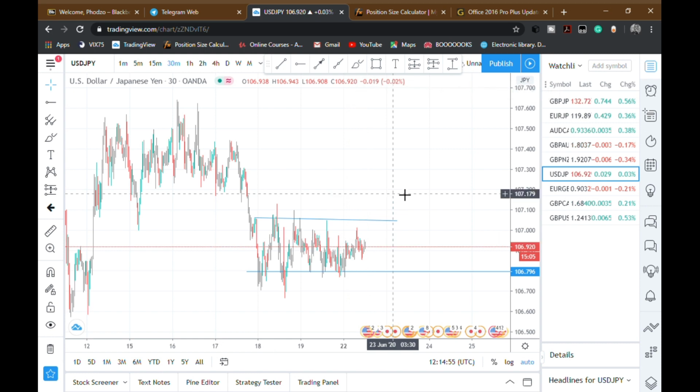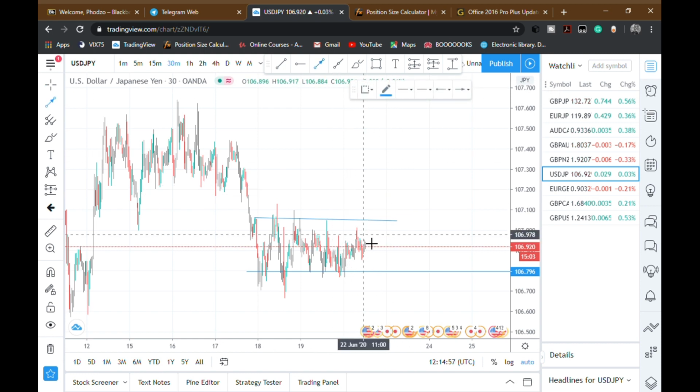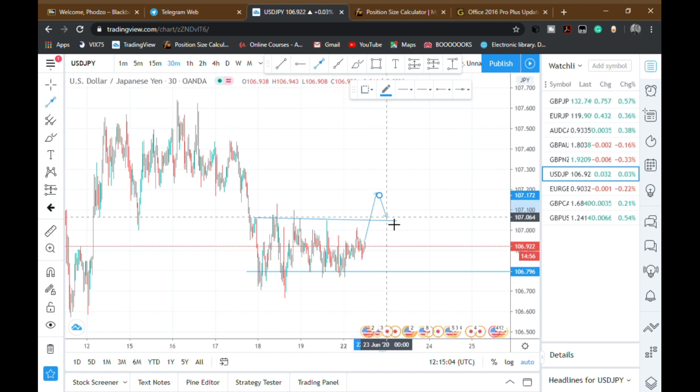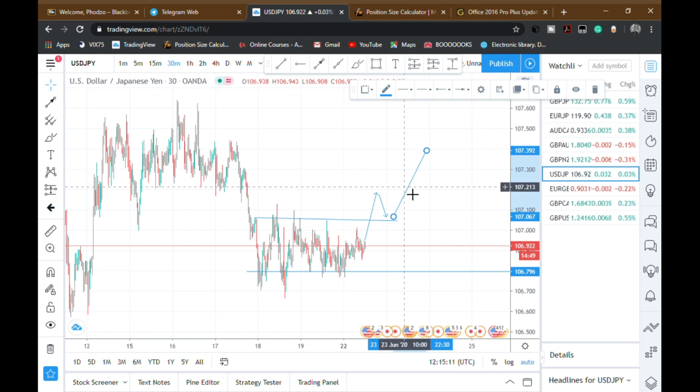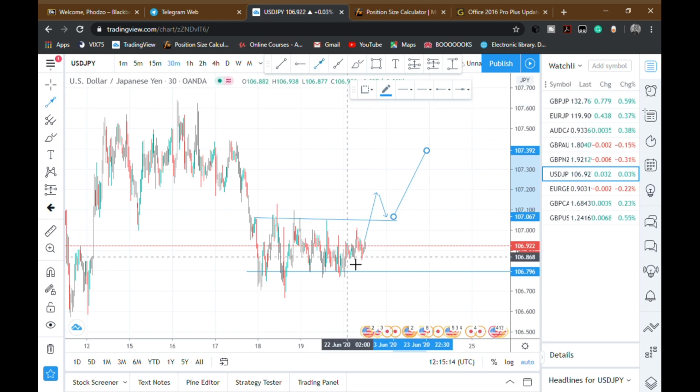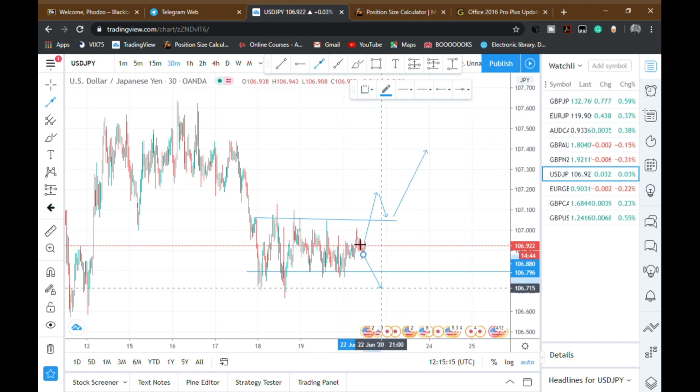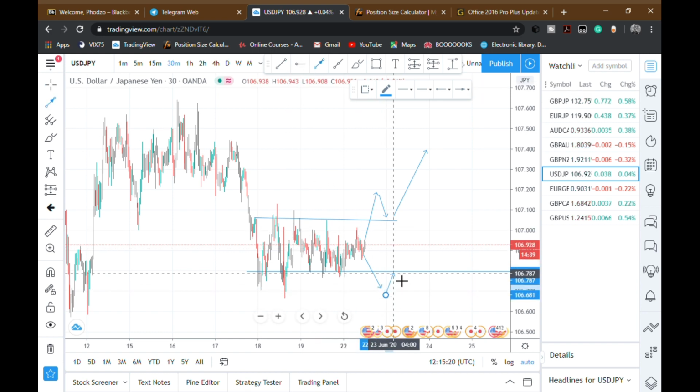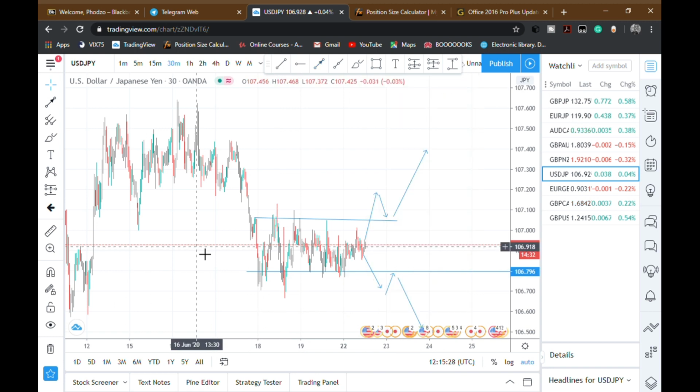So you can do the same thing that we did on AUD CAD. Wait for a break and retest of that horizontal line, and then take a buy, or a break to the downside and take a sell. So that's how I would trade a range.